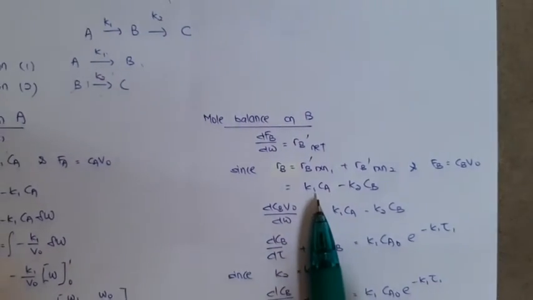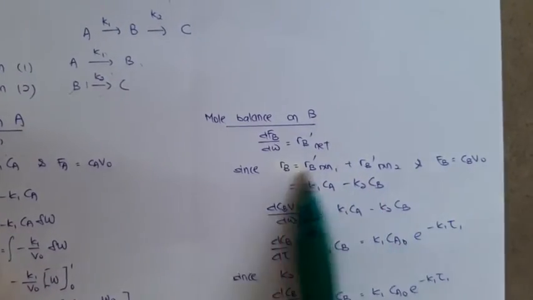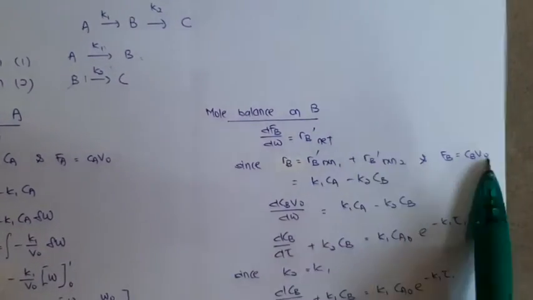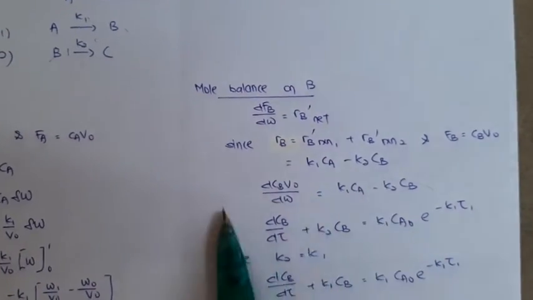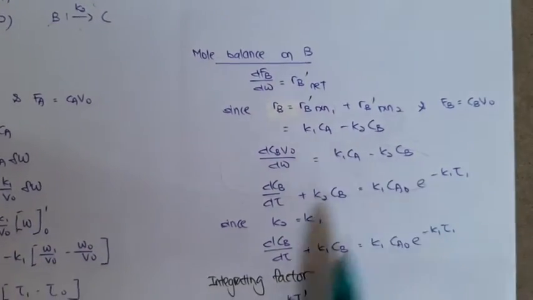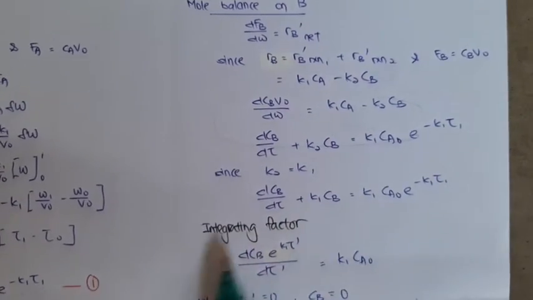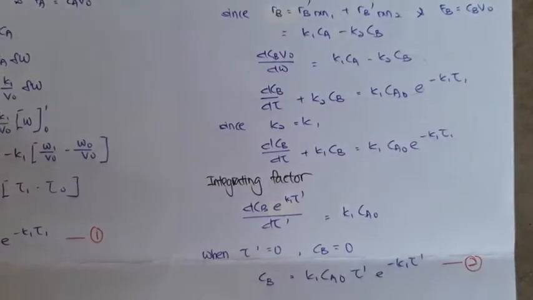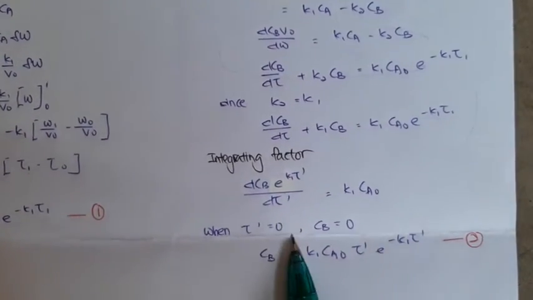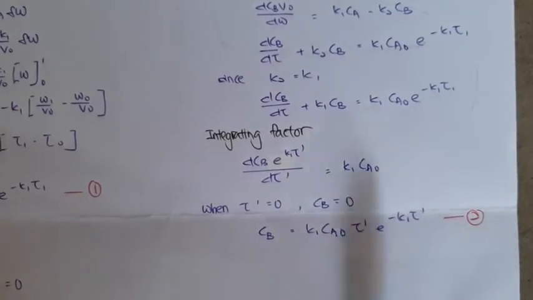Finally K1Ca minus K2Cb is our equation, and we substitute this into the balance and we get this one. Since K1 equals K2, we can change the K2 here to K1, and then we use an integrating factor for this equation and we get this one. When tau equals 0, Cb equals 0, so finally we get this equation for our Cb.